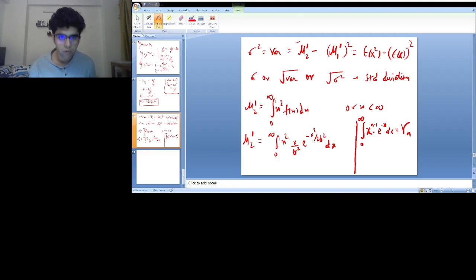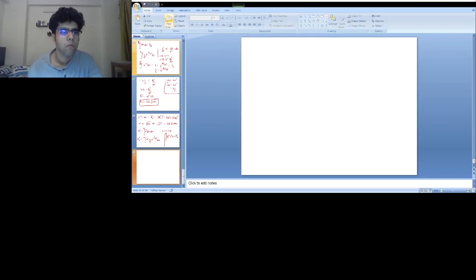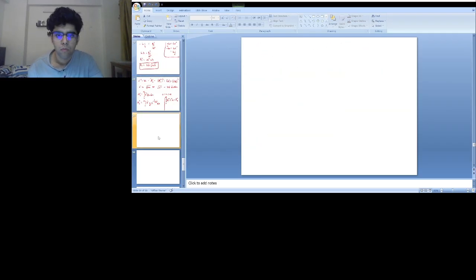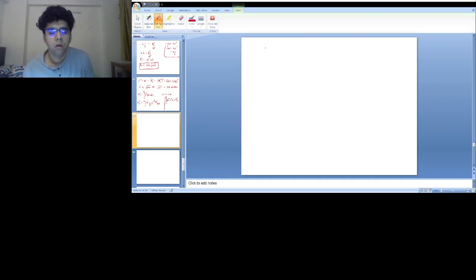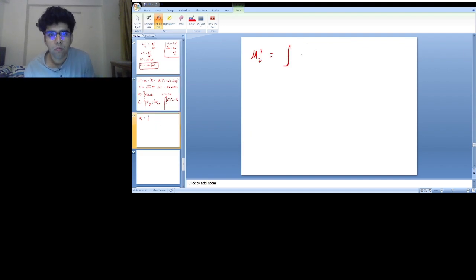Right? So now moving forward, I had x square into x right here, so this becomes x cube upon b square e to the power minus x square by 2b square dx.